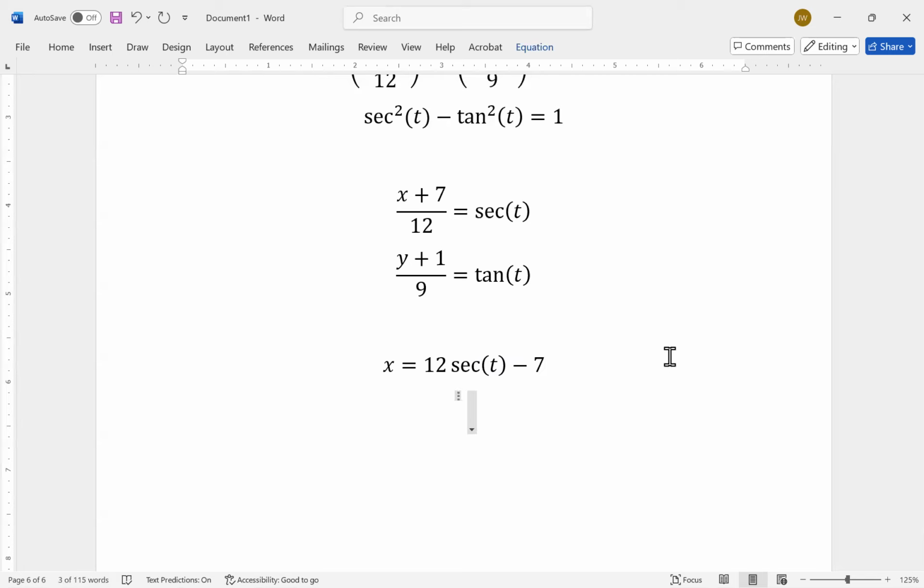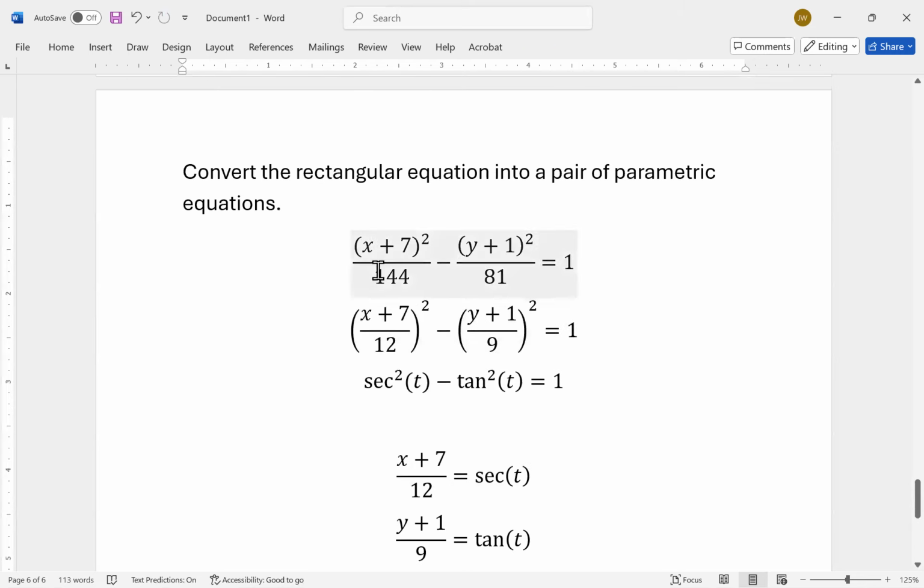And then y would be equal to 9 times the tangent of t minus 1. This would be a hyperbola centered at -7, -1. And you can tell by the way that this goes, it's going to be pointing right and left.